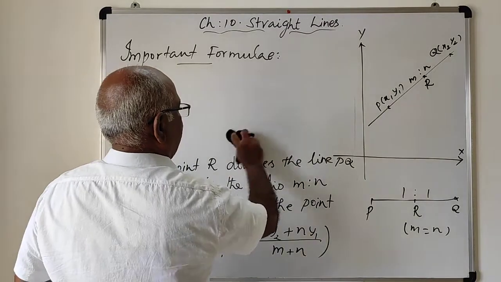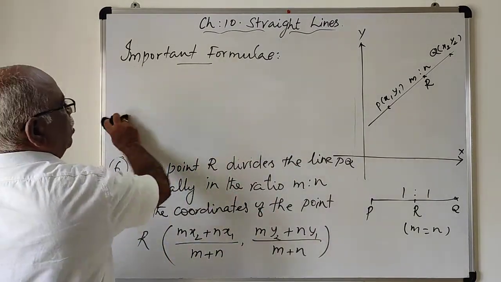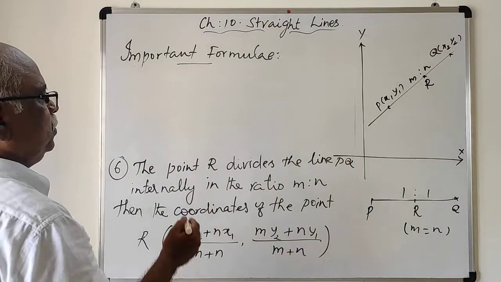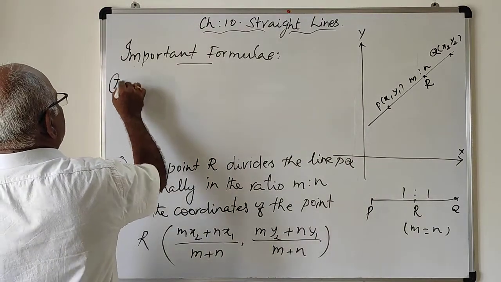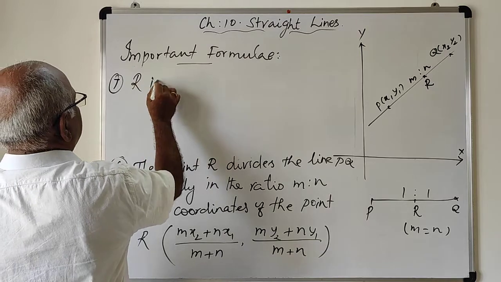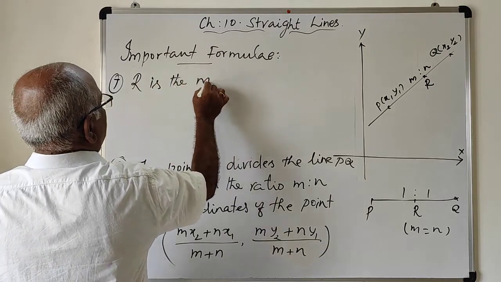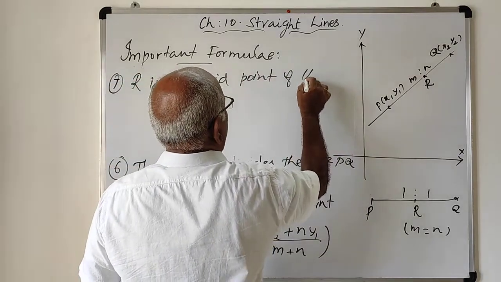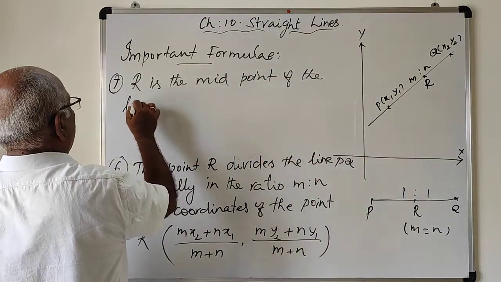And if it is the case, what are the coordinates of the point R? That we have to see now. Suppose R is the midpoint of the line PQ.